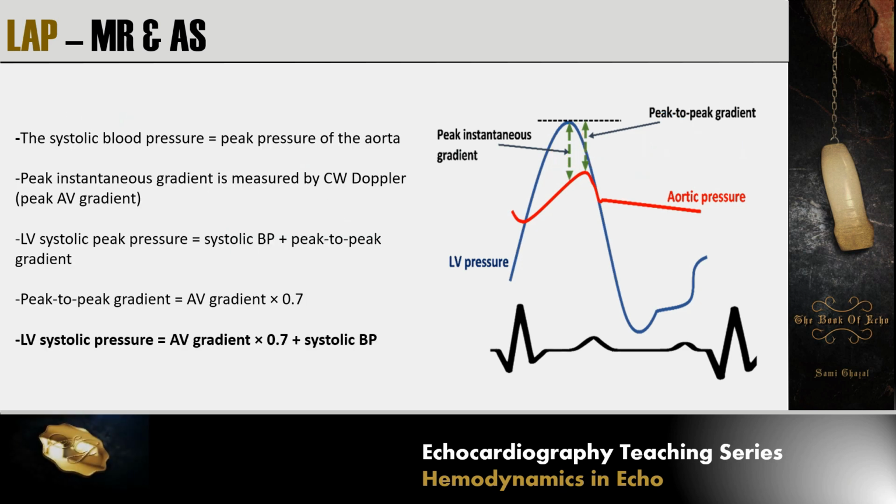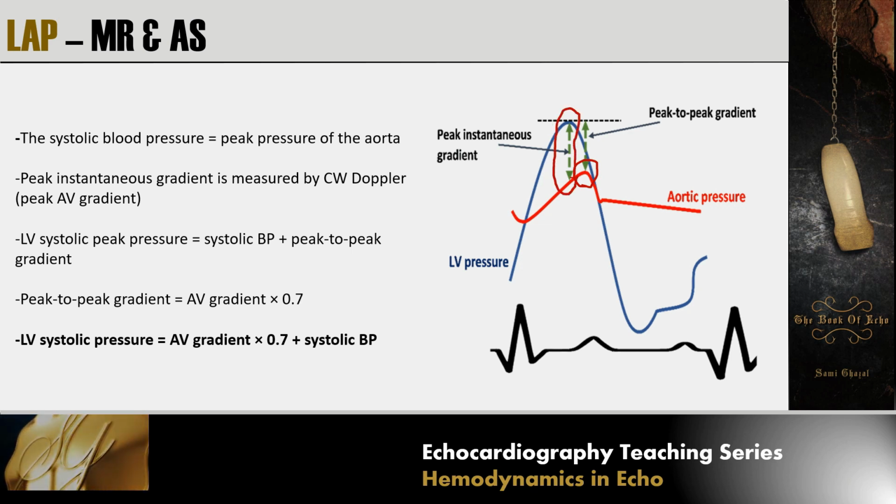Again, the systolic blood pressure will equal the peak pressure of the aorta, which is here. Now the peak instantaneous gradient is measured by continuous wave Doppler, the peak AV gradient. Here, this is the peak instantaneous gradient through the aortic valve.